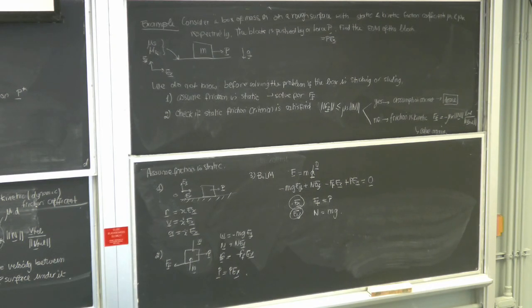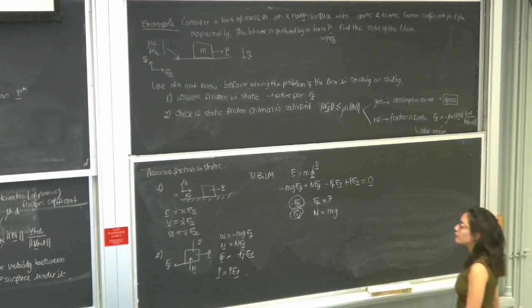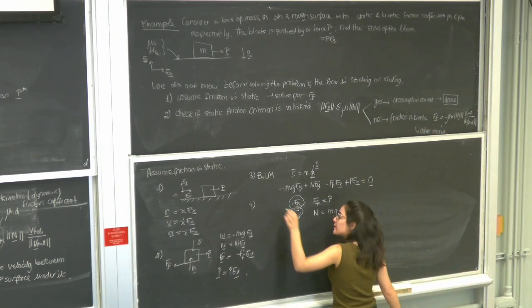So far? Awesome. Okay. And what do I do next? What is it? The static friction force is equal to P, like the maximum static force. Right. I need to check if the friction force satisfies the static friction criterion.